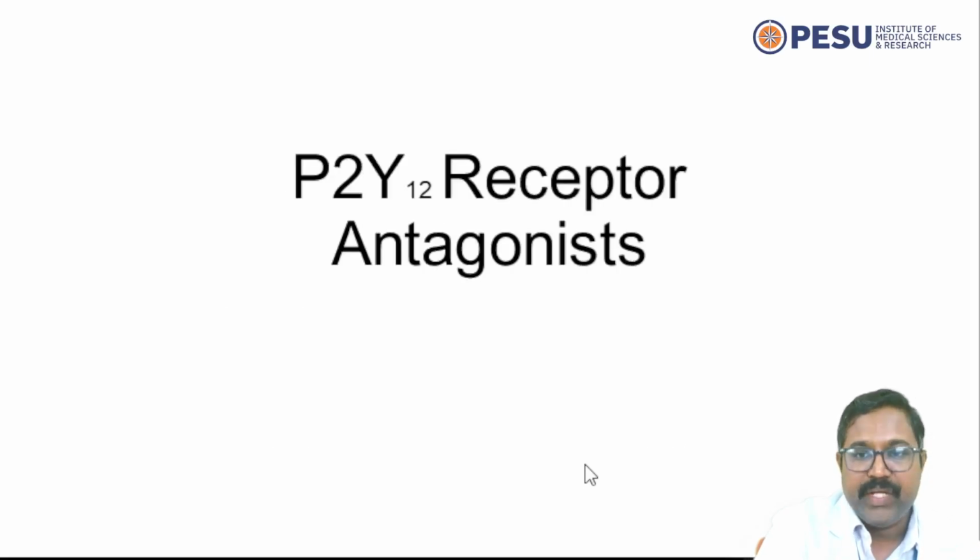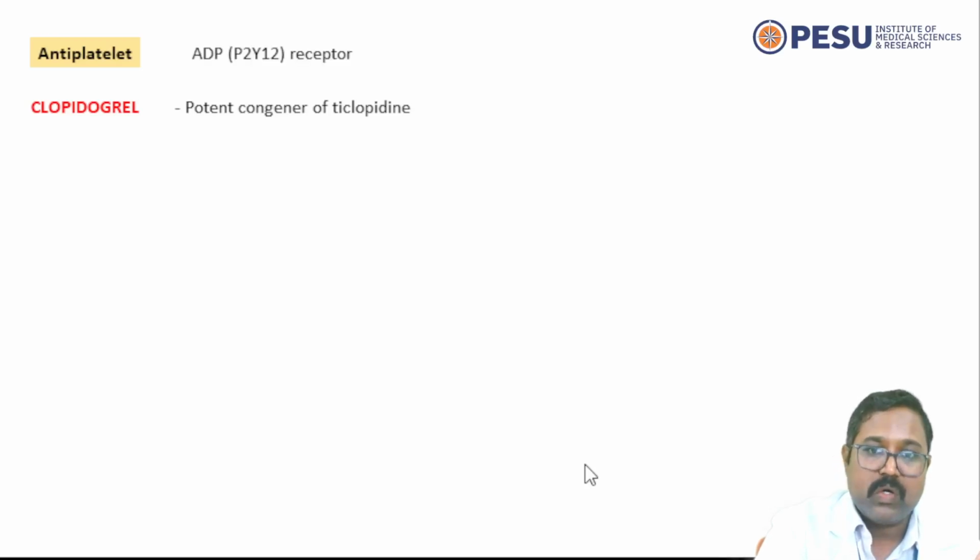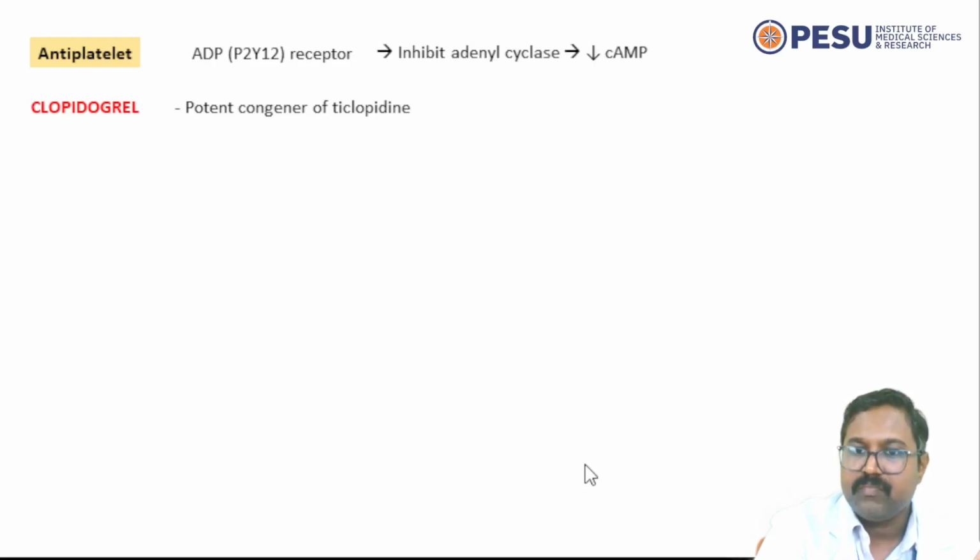Next, coming to the P2Y12 receptor antagonists. Under this, the prototype drug is clopidogrel, which is a potent congener of ticlopidine, also called an ADP or P2Y12 receptor antagonist. Whenever the P2Y12 receptor gets activated, it inhibits the adenyl cyclase, thereby decreasing the cyclic AMP levels, which are required for the anti-aggregatory property to remain.